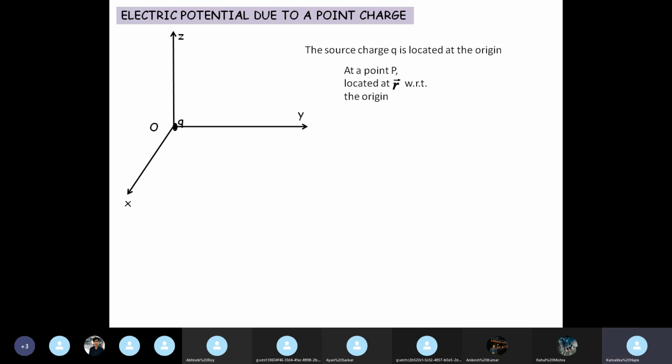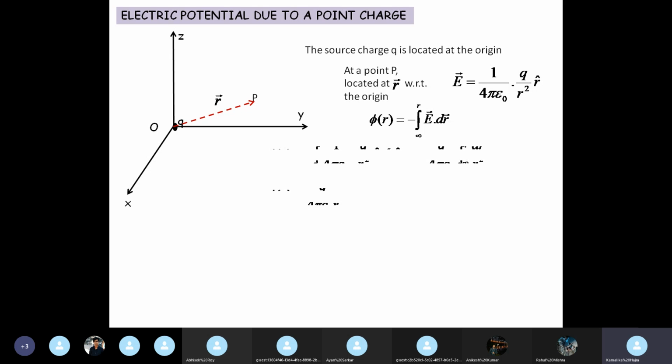At the point P, which is located at a distance r with respect to the origin, we know that the electric field is given by 1 by 4 pi epsilon naught Q by r squared, r cap. And we have just seen that phi of r, the potential, is equal to minus the integration from infinity to r of E dot dr.